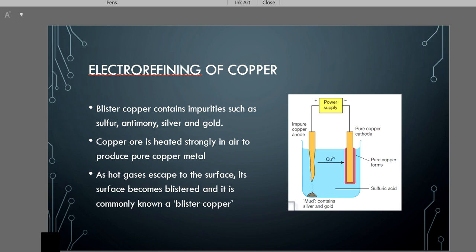The last concept is looking at electro-refining copper. What this process is basically using is electrolysis to remove any impurities that might be within a sample or a plate of copper, if you will. And that's pretty normal when metal is mined from the ground.